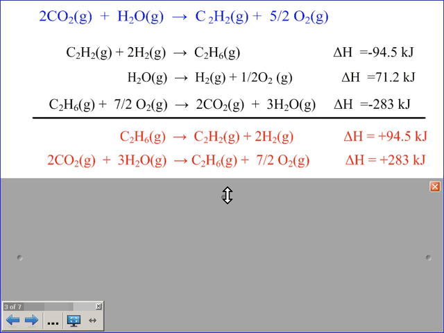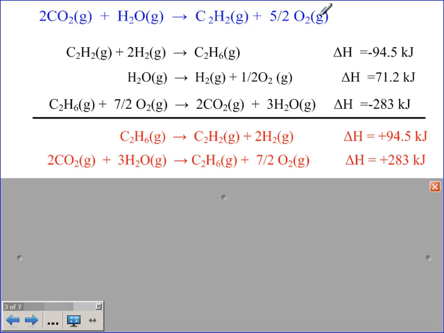Now, one of the things that I needed to look for was that things had to disappear that I didn't want, right? So C2H6 is not in my target equation anywhere. So right now, C2H6, because of the flip, is on the left side, and it's on the right side. So that's great. It's going to cancel just like I want it to. That last equation, I wonder, here I have this H2 gas.